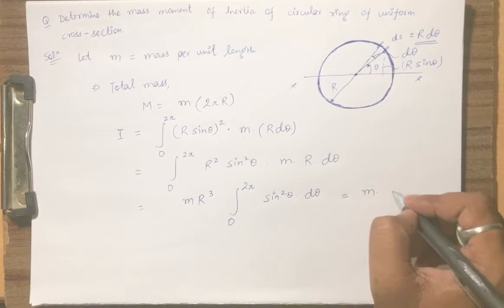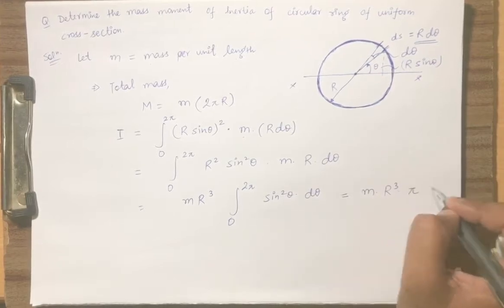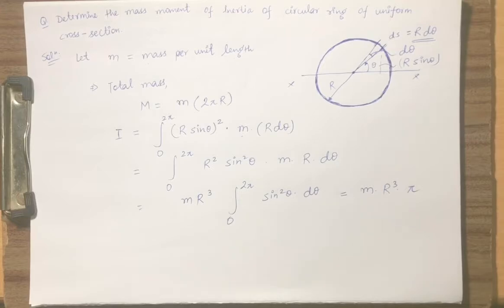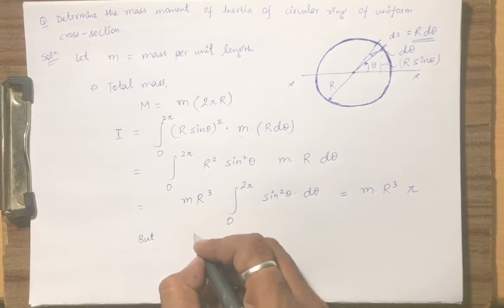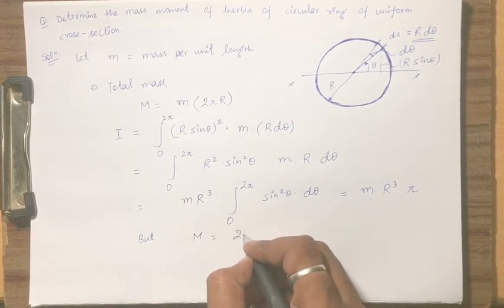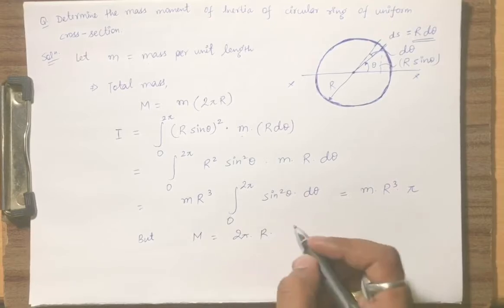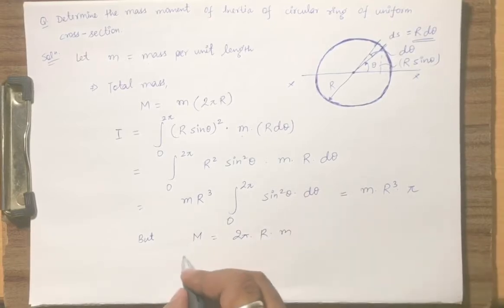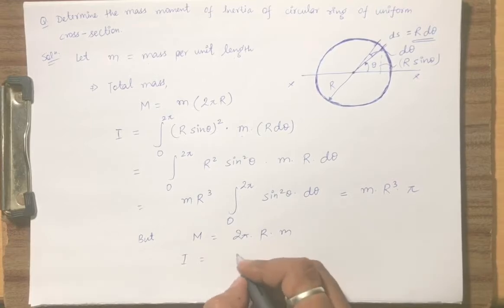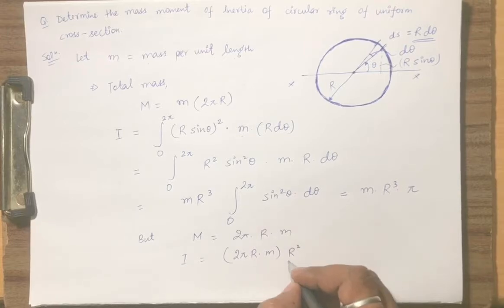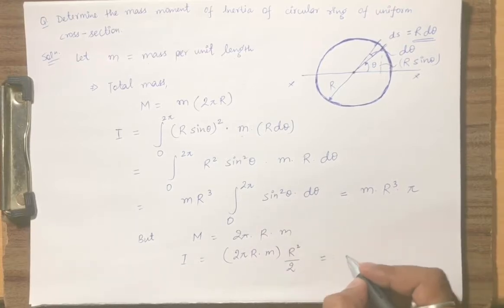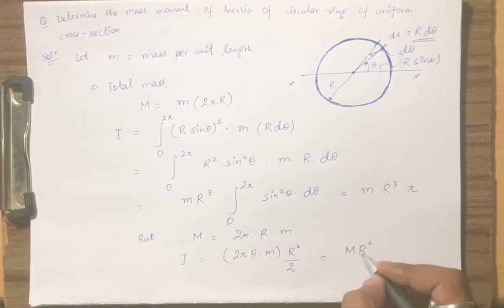So m into r cube into pi. But M is equal to 2 pi r into m. So I will be 2 pi r into m, so this will become capital M r square upon 2. So finally I is M r square by 2.